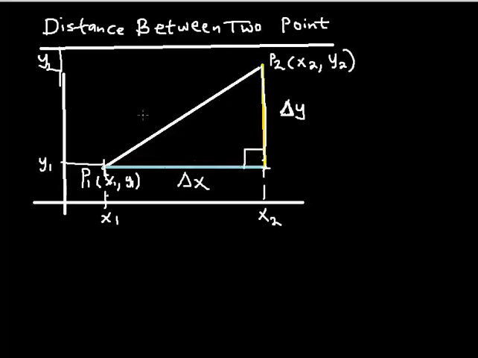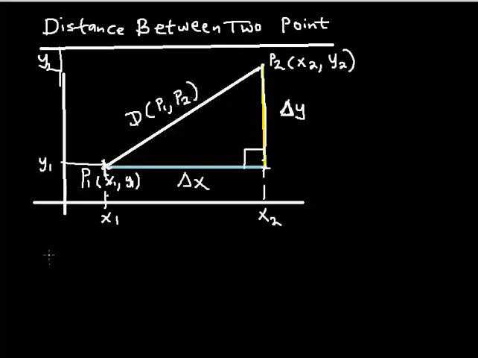Now the whole idea is for me to find the length of this straight line, or the distance between point P1 and P2. This right angle triangle has opposite, adjacent, and hypotenuse. My opposite is my delta y, the increment in y, that's my vertical line, and my adjacent is my increment in x, that is my horizontal line. So the hypotenuse is going to be the distance of the line joining P1 and P2. I use d(P1, P2) to represent it.